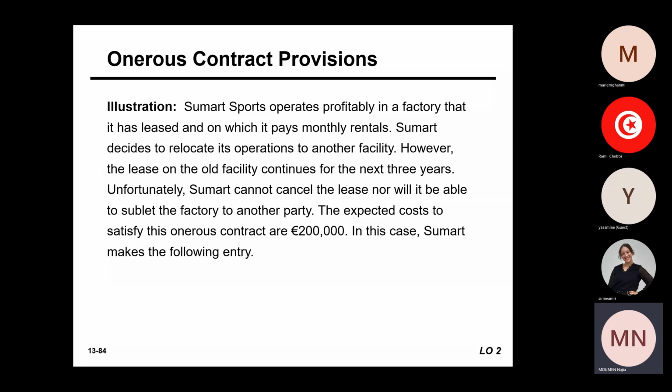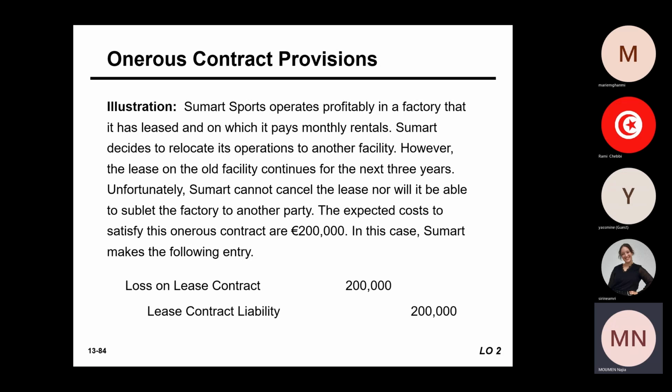So the old lease should continue for 3 years, and the expected cost to satisfy this onerous contract will be the 200,000. So here you should record it as a liability. You should debit the loss on this contract for 200,000, and credit the contract liability 200,000. So you accrued for this provision regarding this onerous contract.